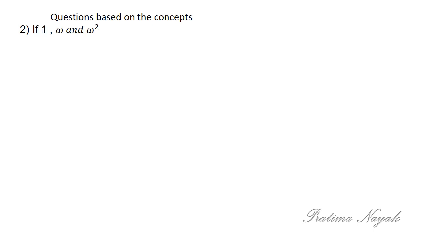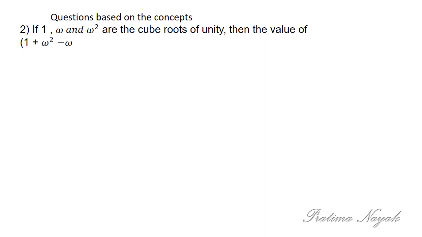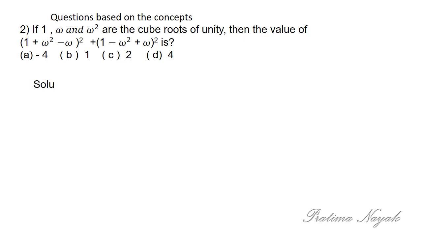Next question. If 1, omega and omega square are cube roots of unity, then the value of (1 plus omega square minus omega) whole square plus (1 minus omega square plus omega) whole square is. Four options will be given. So again we'll apply the concept we have learnt. So here 1 plus omega square is equal to minus omega and 1 plus omega is equal to minus omega square.